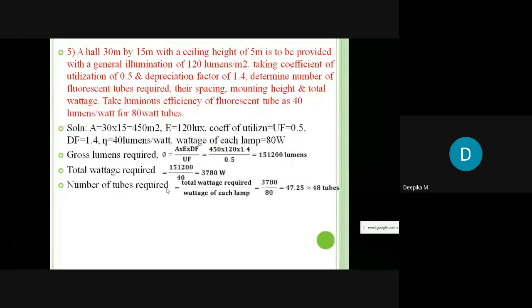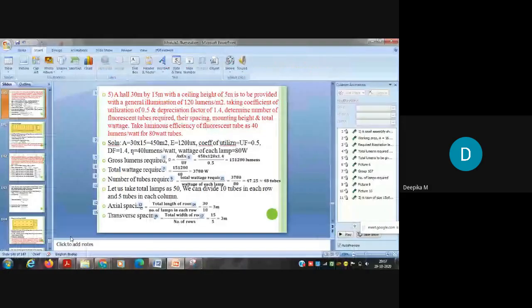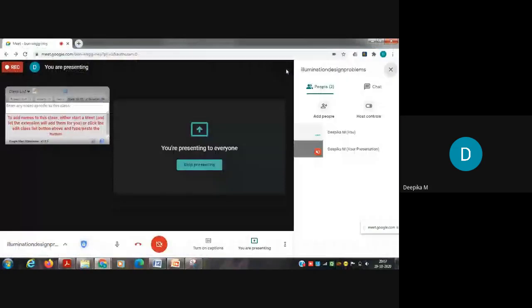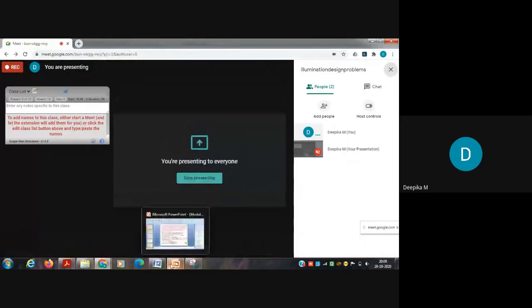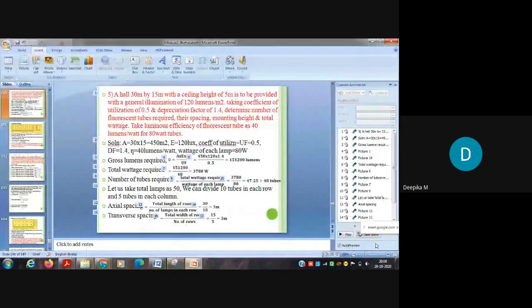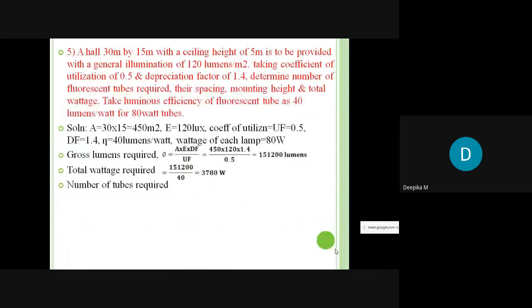So there are 48 tubes. Actually here we can calculate for 48 tubes also, no matter, because it is an even number.